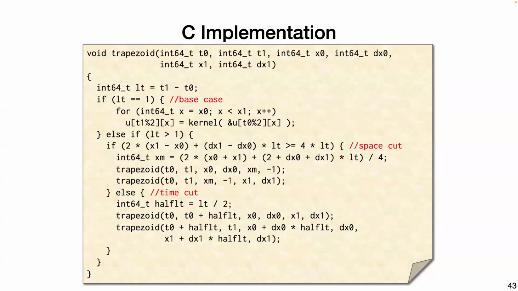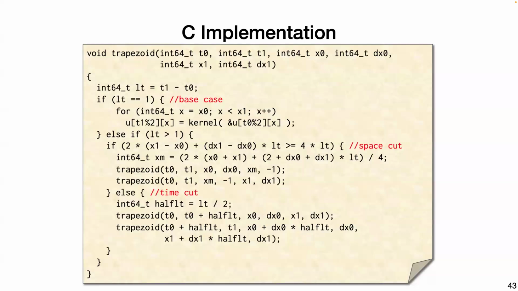The height is the same, t0, t1, and the slope on the left side is unchanged. This is the left subproblem. Now the right point of the subproblem is the midpoint, and the slope on the right side is -1.